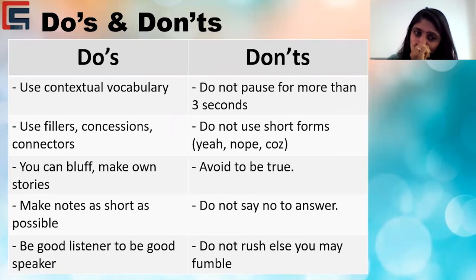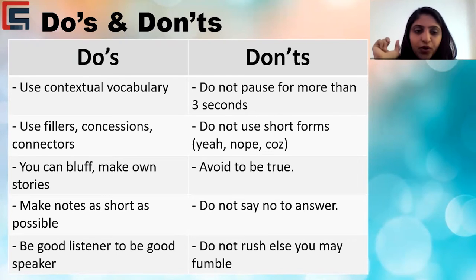You need to use fillers, concessions, and connectors. Now, what are fillers, connectors, or concessions? Fillers, connectors, and concessions are the words that help you to build complex sentence structure, that helps you to speak at length.